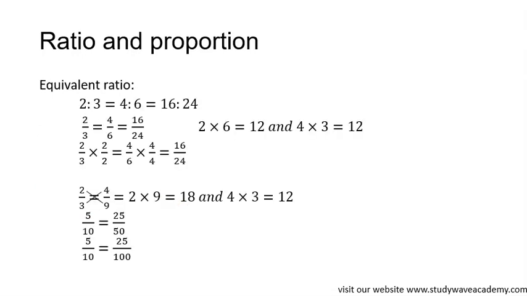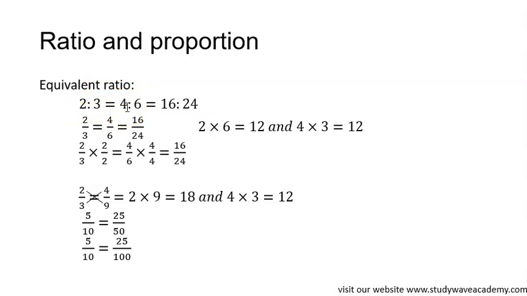So next we are going to be looking at equivalent ratio. Equivalent ratios are the same. Let's say you have this ratio is still the same as this ratio, okay? They may look different, but they are the same. It's like proportion, okay?